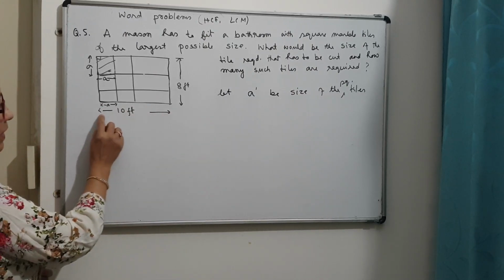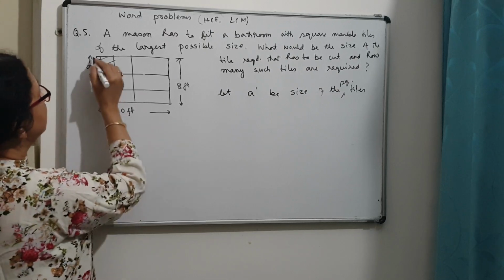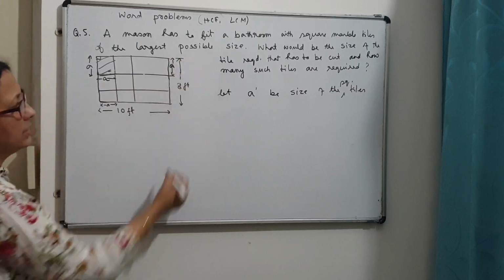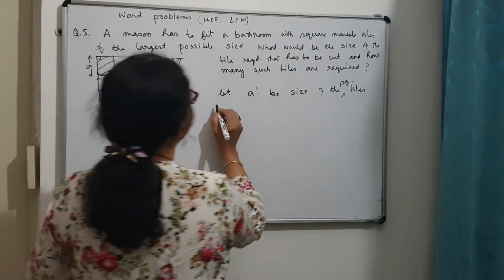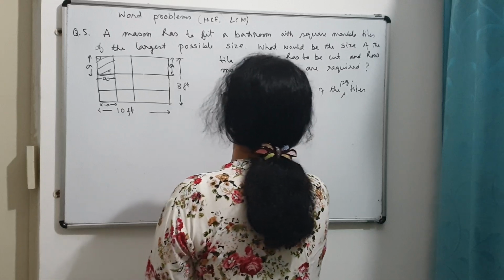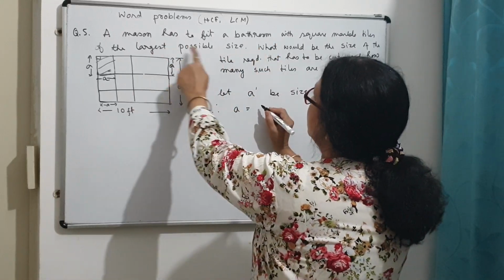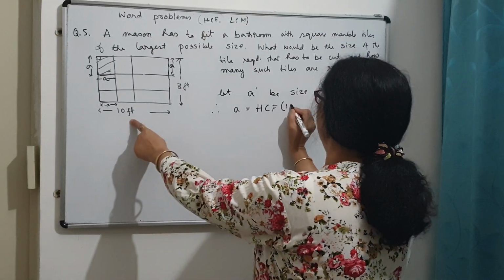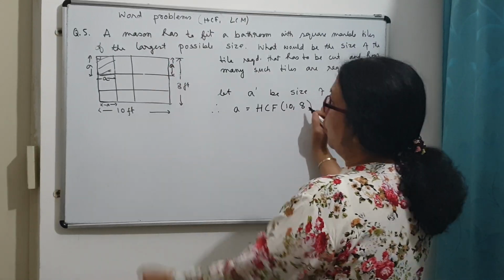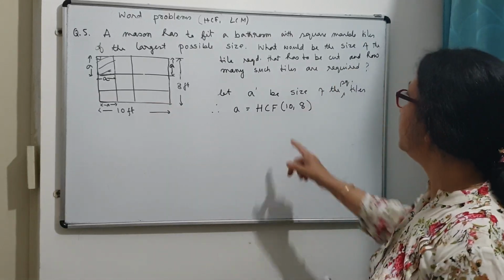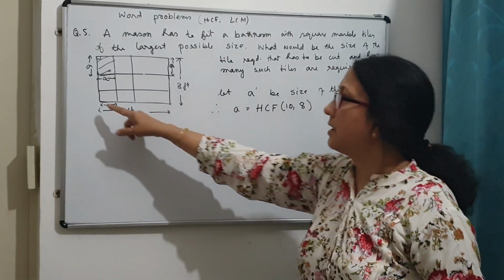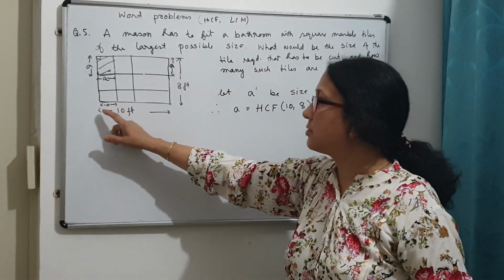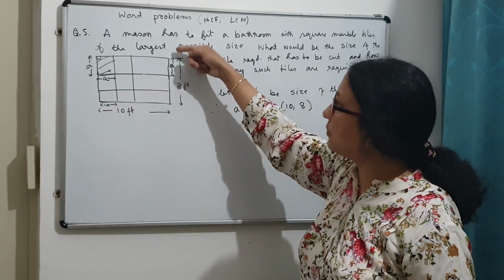So this A has to be a factor of 10 feet, as well as this A has to be a factor of this 8 feet. Because I need the largest possible size, A has to be the highest common factor of the length and the breadth of the floor of the bathroom. This is clear, no? Why A has to be the HCF of this length dimension and breadth dimension, because the sides of the tiles have to be a factor of this length as well as of the breadth.